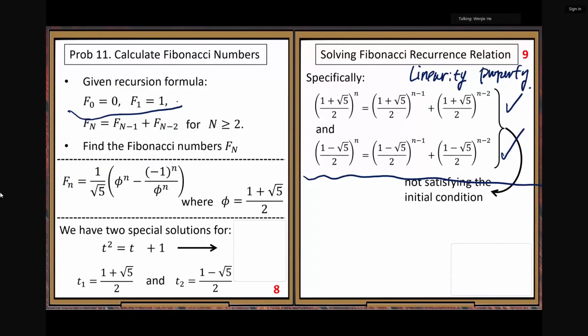Can we use the two old solutions to form new solutions, and hopefully in the new solutions we can find some integer solutions? Only in the new solutions do we have a chance to get integer solutions.